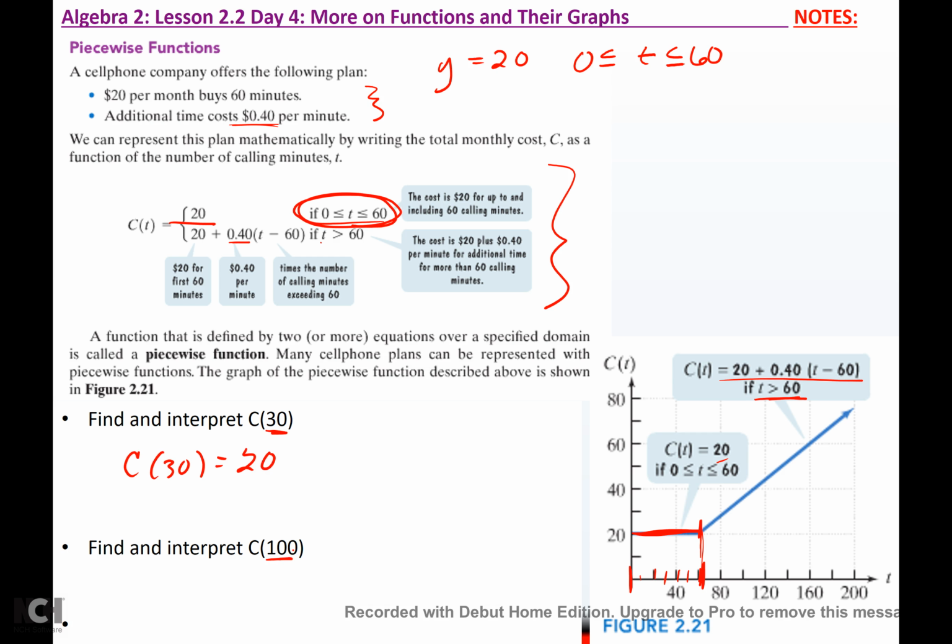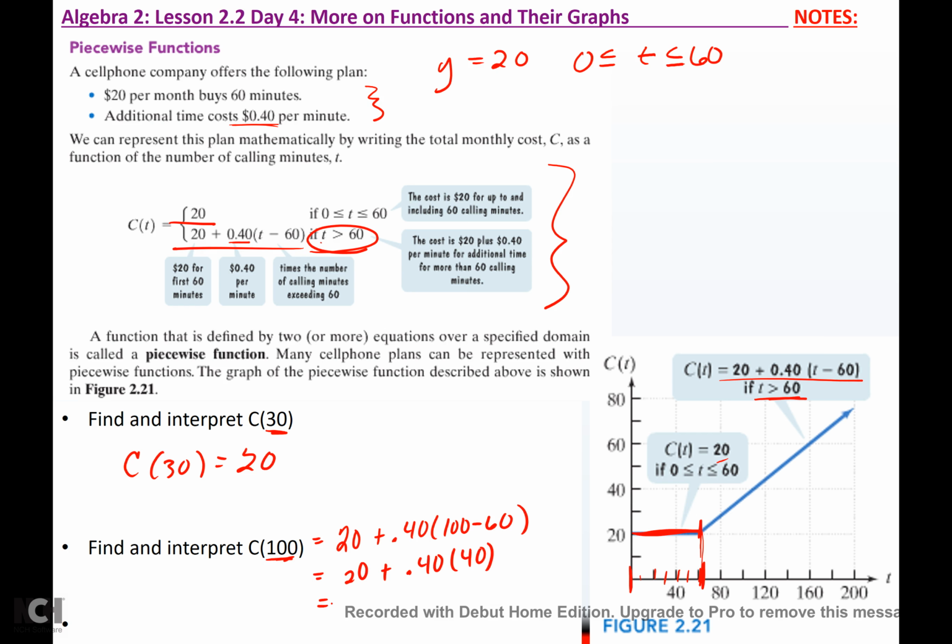If you are talking for 100 minutes, C of 100 is not going to be the 20 bucks. I'm at 100 minutes, so now I'm in this restriction, so I have to use this equation. So it's going to be 20 plus 0.40 times (100 minus 60). Because again, you're not going to get charged 40 cents for all 100 minutes. The first 60 are free, so you're only going to get charged 40 cents for the 40 minutes you went over.